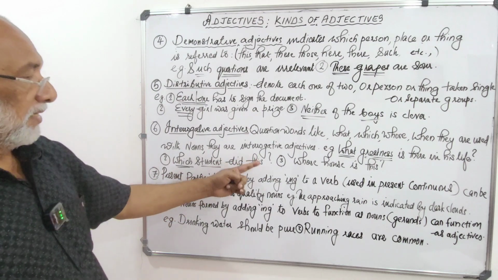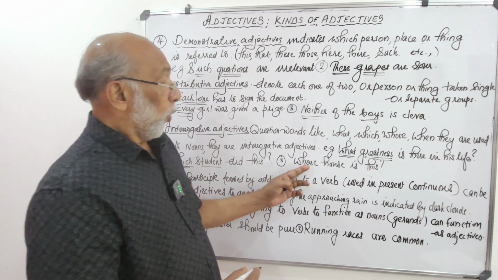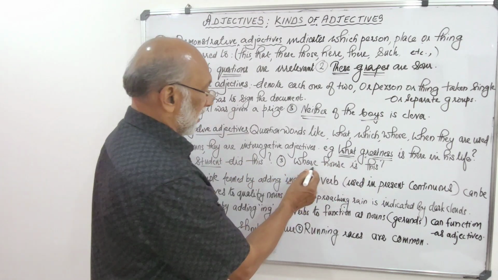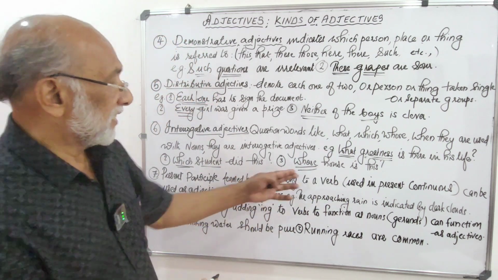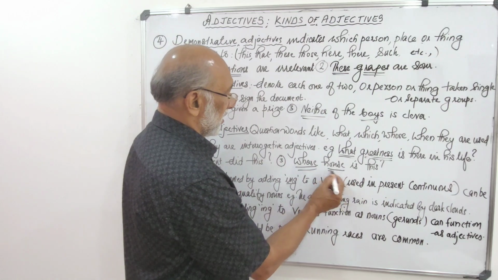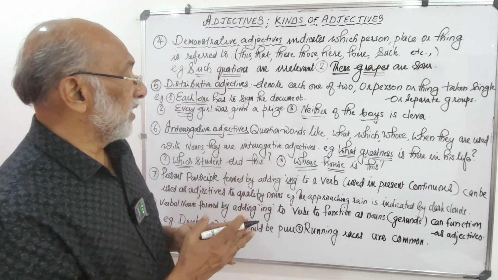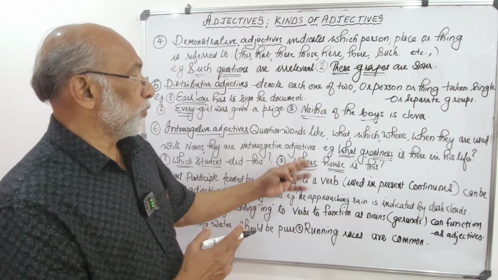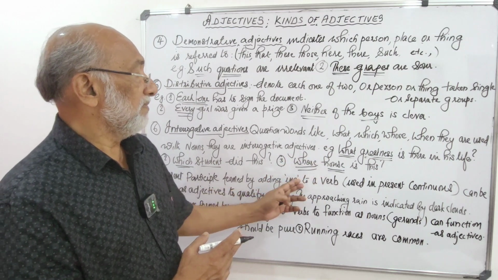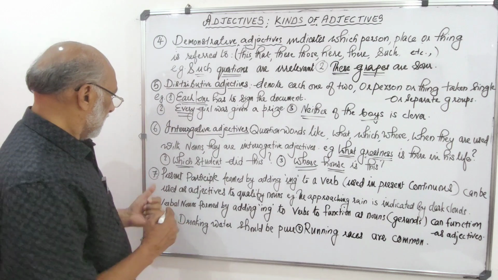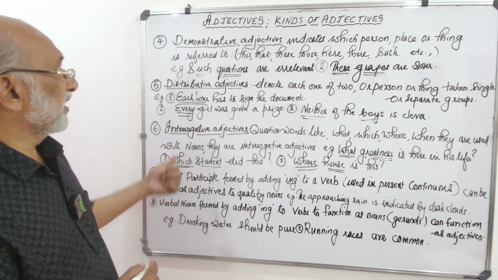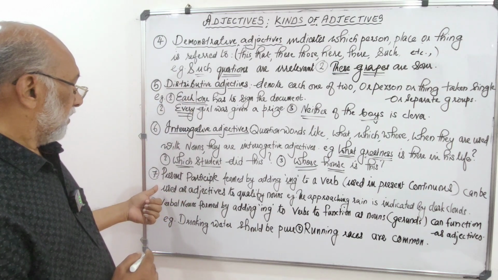Which student did this? Third one, whose house is this? Again, whose is an interrogative adjective here. House is the noun. It's actually an interrogative word, a question word, but it's used here as an adjective to qualify the noun house.